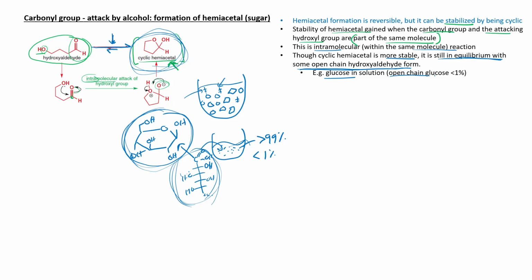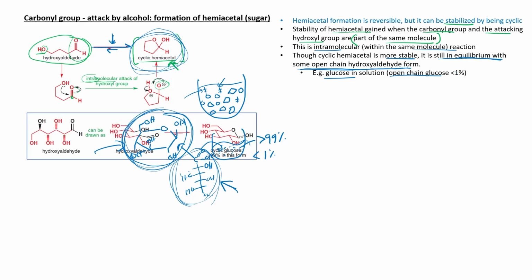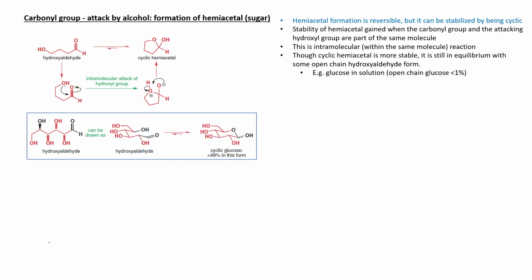So this open chain, this is the open chain, and this is the closed chain or ring formation. Open chain glucose is less than 1%. Let me remove this. This is what I taught just now, so this is how they get glucose. This is the open chain, and this is the ring form or cyclic form.